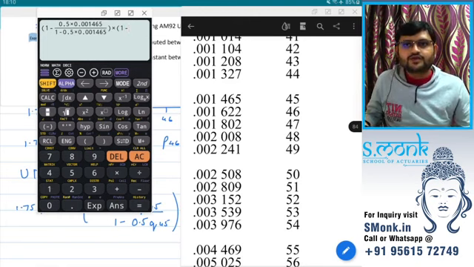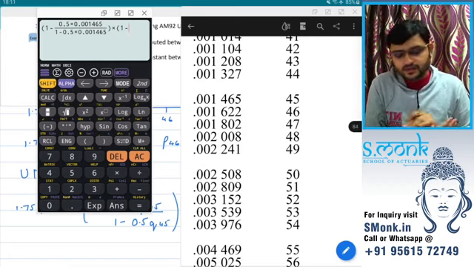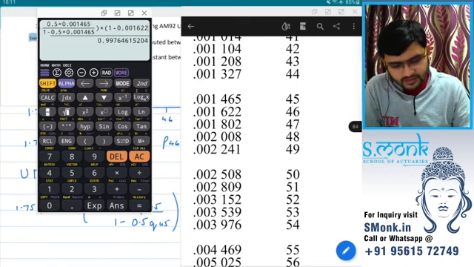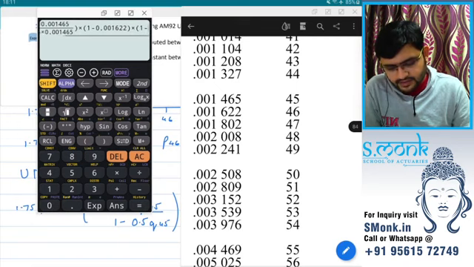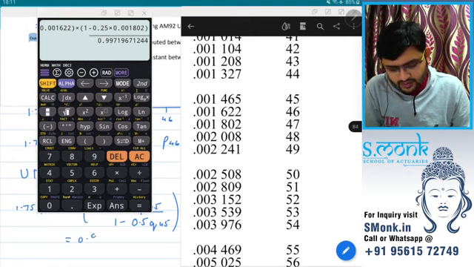Okay, so 1 minus q46 into 1 minus 0.25 of q47, that would be 0.001802. Bracket close, and this is our value, 0.997197.